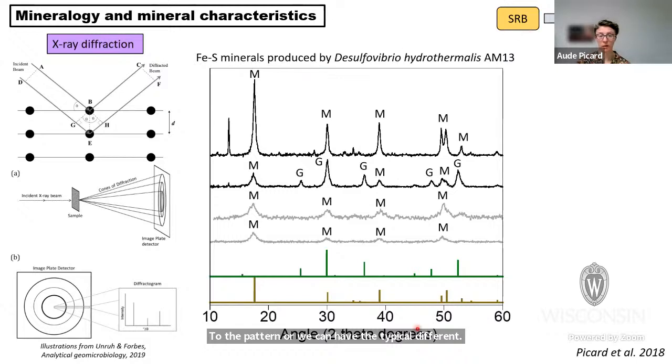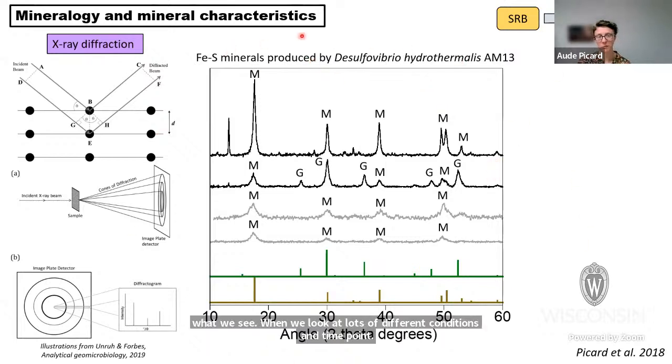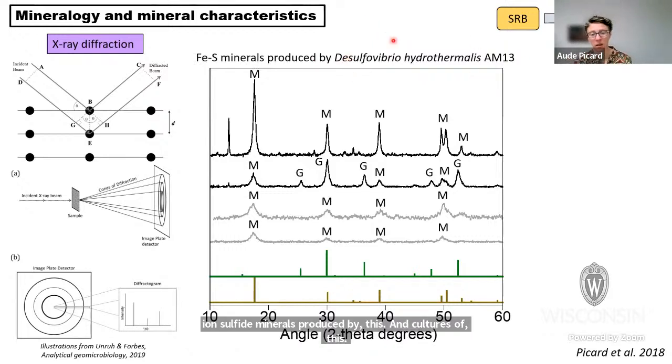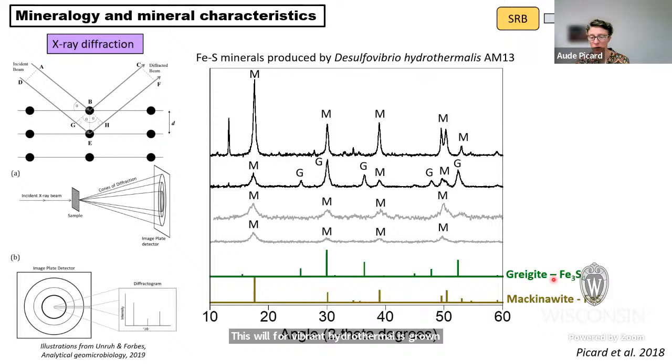Okay, so this is an example of what we see when we look at lots of different conditions and time points of iron sulfide minerals produced in cultures of the sulfur reducer Desulfovibrio hydrothermalis grown with iron. We have here our mackinawite and greigite standards, showing us the expected peaks and relative intensities.